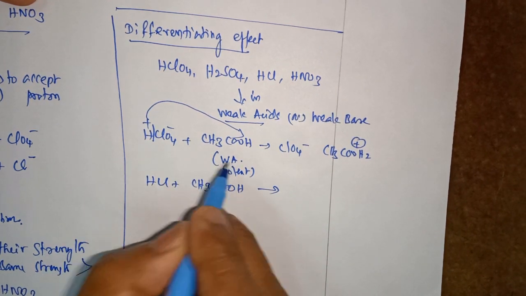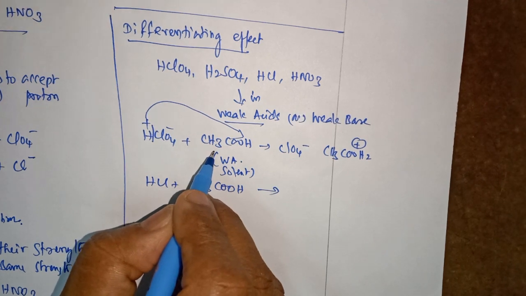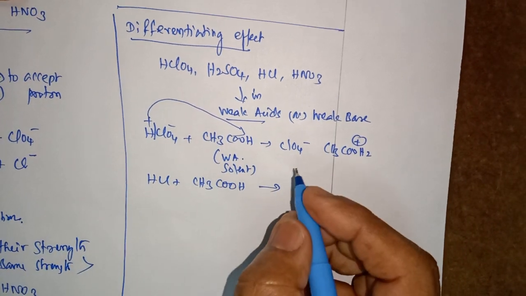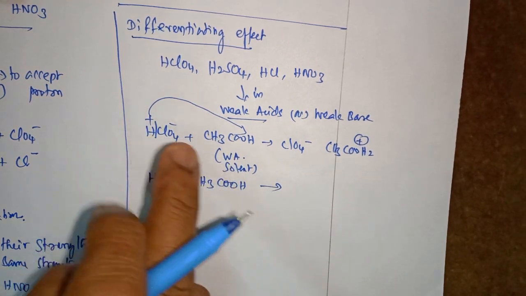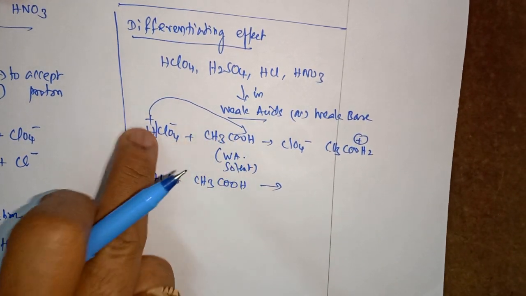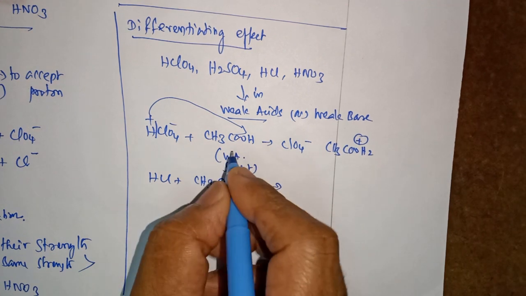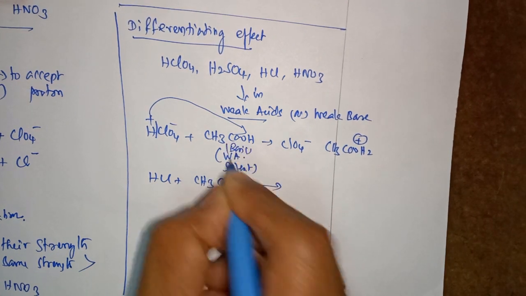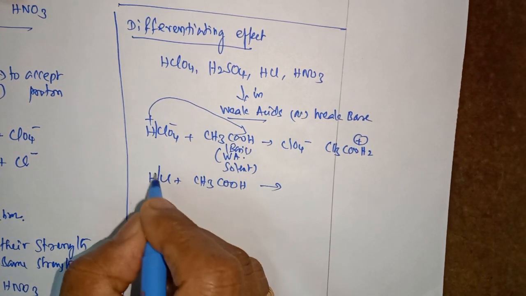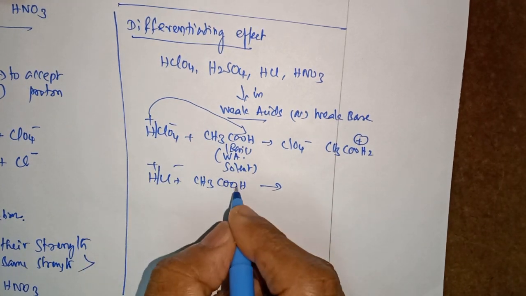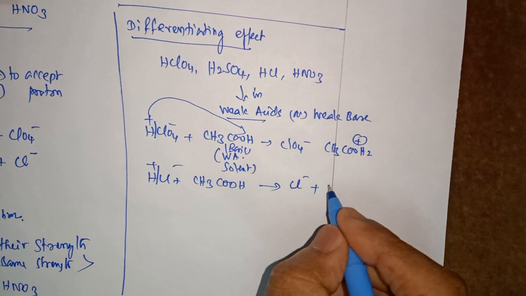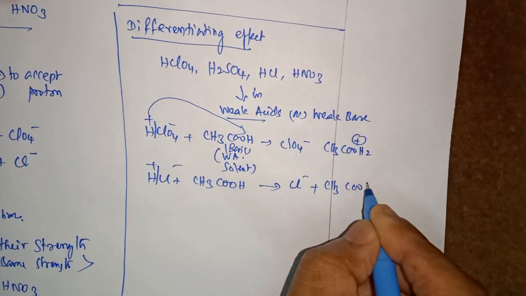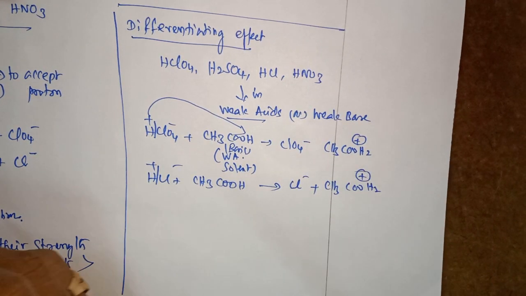It is weakly acidic, which means here it acts as a base which accepts this. When you compare this acid strength with this, it is weakly acidic, that means it is basic in nature. H plus Cl minus, it accepts the proton and it becomes Cl minus. H plus is taken up by this, CH3COOH2 plus.